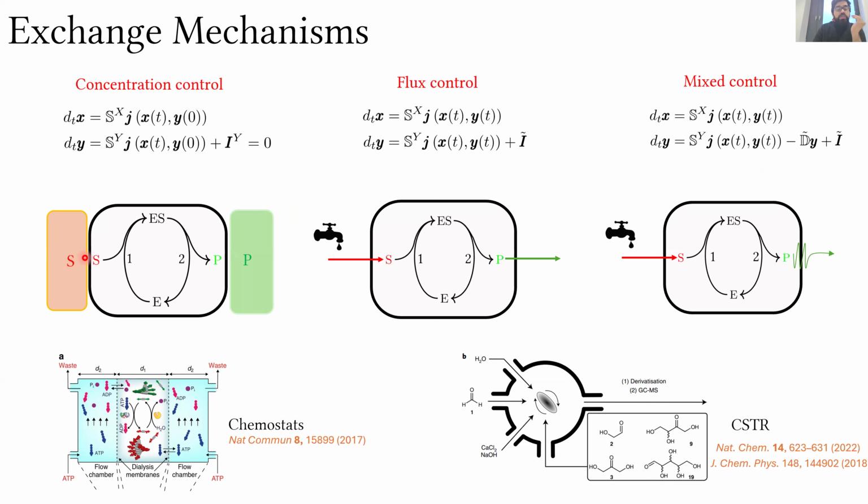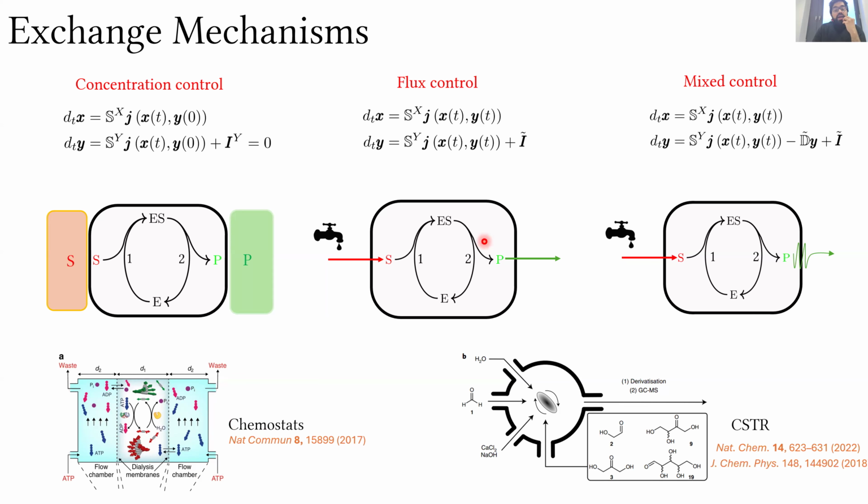This either happens because you assume that there is sufficient Y species that any change in the Y species due to the reactions is negligible, or you assume that there is a reservoir and this exchange is very, very quick. So effectively, you can treat the concentration of the Y species as constant. In this example, the concentration of the S species is constant and the concentration of the P species is constant. Of course, here I refer you to this reference if you want a physical setup which achieves this.